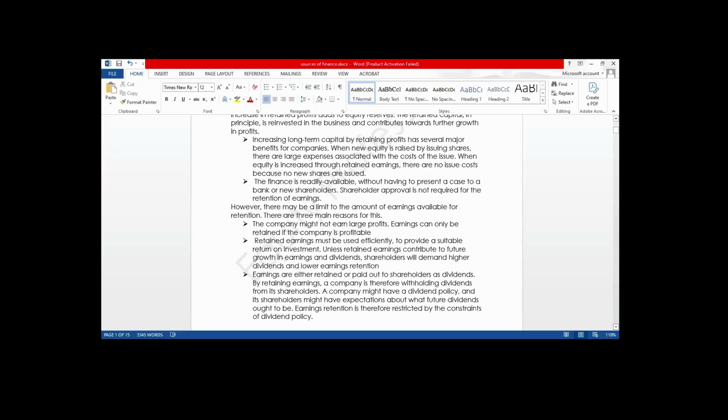If the directors are retaining this earning, the money should be invested efficiently to generate return for investor. Where directors cannot invest this money efficiently, then shareholders will demand higher dividend payment.